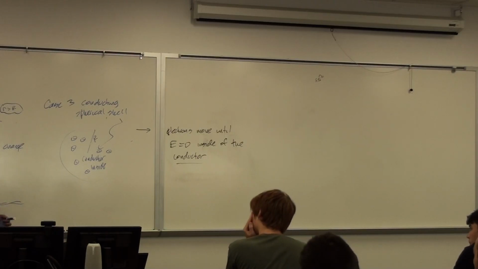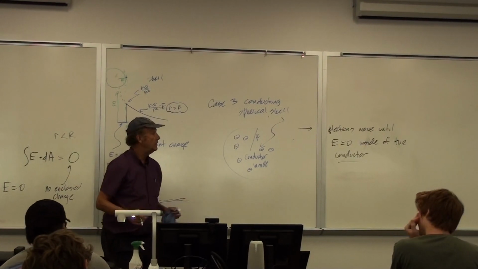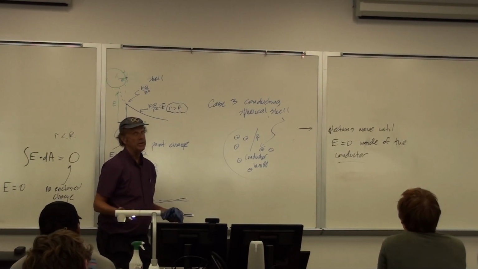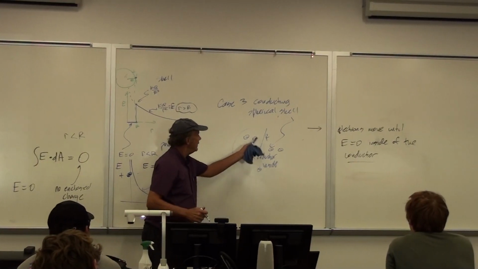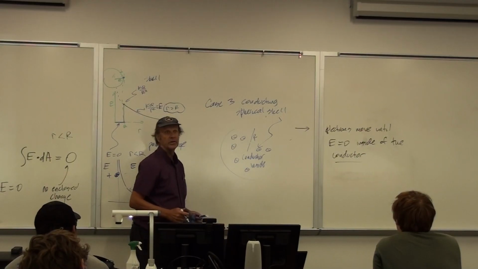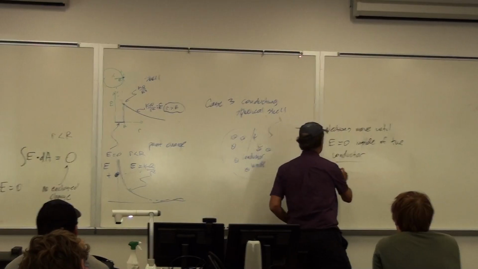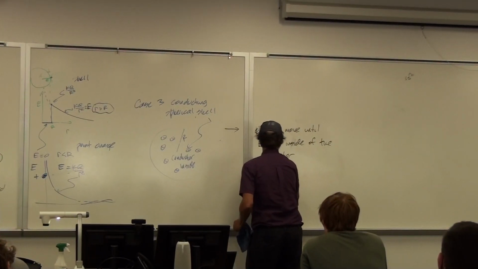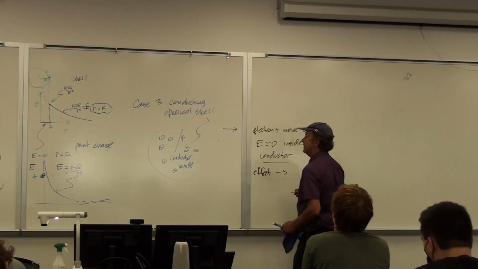If there were a force on a mass creating a wind, that would indicate things aren't in equilibrium yet. So when we go to equilibrium, we don't want any net forces on any of the charges in here. Otherwise, those charges are going to move until there isn't a force on them. So the effect of this is that all of the charges migrate to the surface.